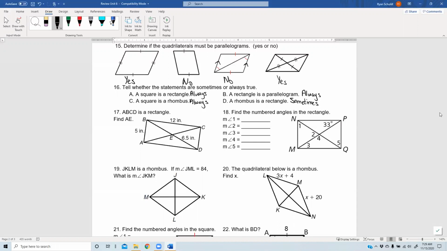So not only do they bisect, but when they bisect, they are congruent. So the one it asked me to find is AE. That's this one right here. But since they bisect and they're congruent, that means AE is only 6.5. That's it. That easy.